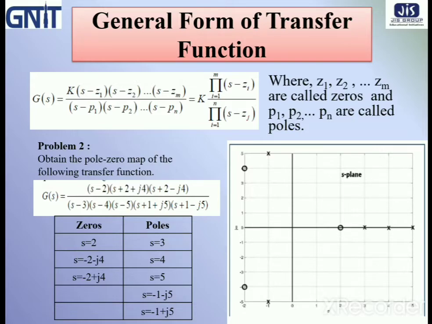So those values of s for which the transfer function of the system becomes infinity are called poles of the system. So here z1, z2 and zm are the zeros of the system, and p1, p2 and pn are the poles of the system. Let us take one example.